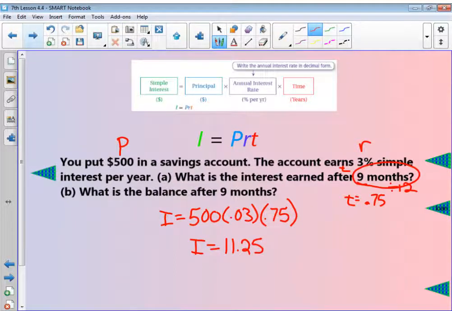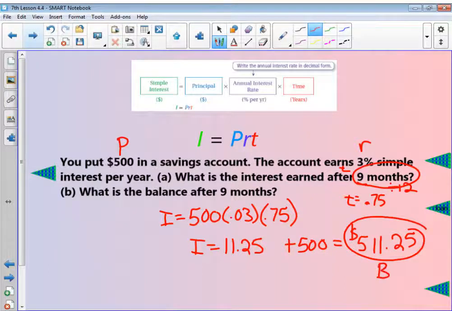They also want the balance. I just earned $11.25 in interest, and I originally had $500. So we add those two together, and I get $511.25. So this is our balance, and this was our interest. Those are our answers to A and B.